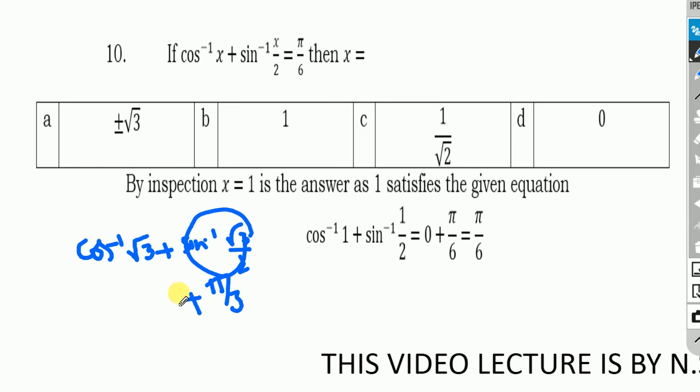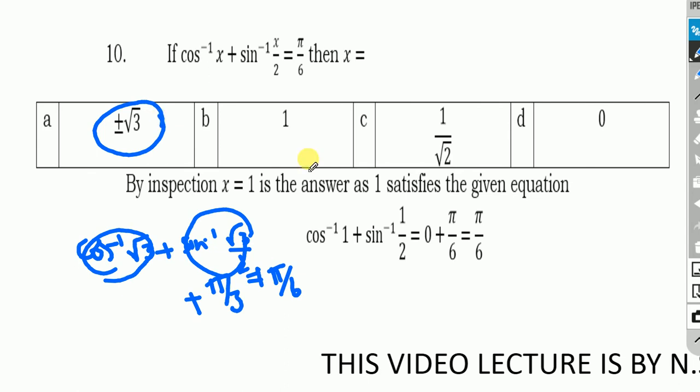Obviously cos inverse of root 3 is not a standard value, but we get the sum in the left hand side which will be greater than pi by 3 and not equal to pi by 6. So plus or minus root 3 is not the answer. So option A is ruled out.